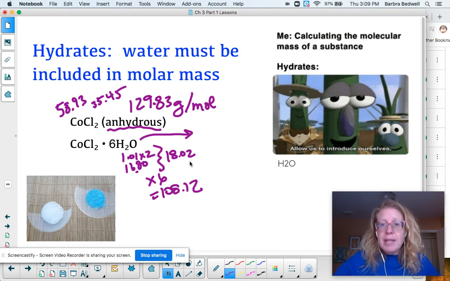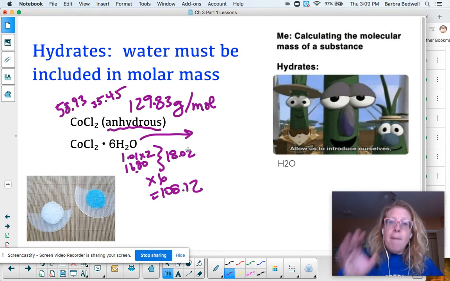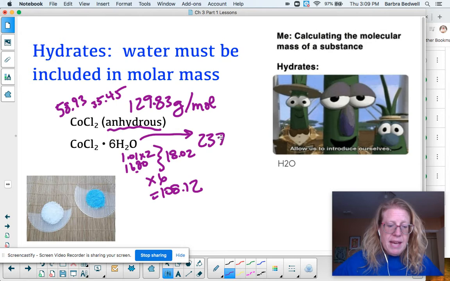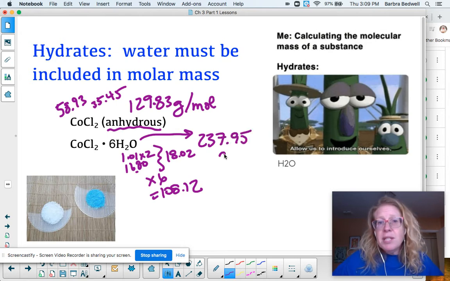The hydrate's molar mass is the mass of the water plus the mass of the anhydrous salt, 129.83 plus 108.12. Quite a bit heavier. This is 237.95 grams per mole. There's a substantial difference. It's not always a real big difference, but I wanted to pick one to really point that out.